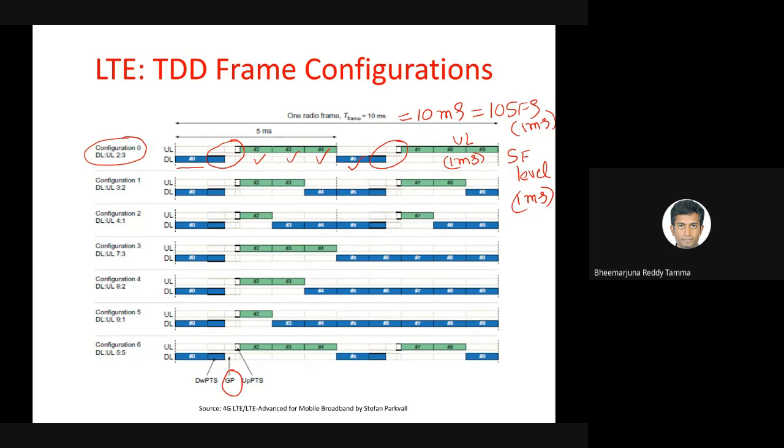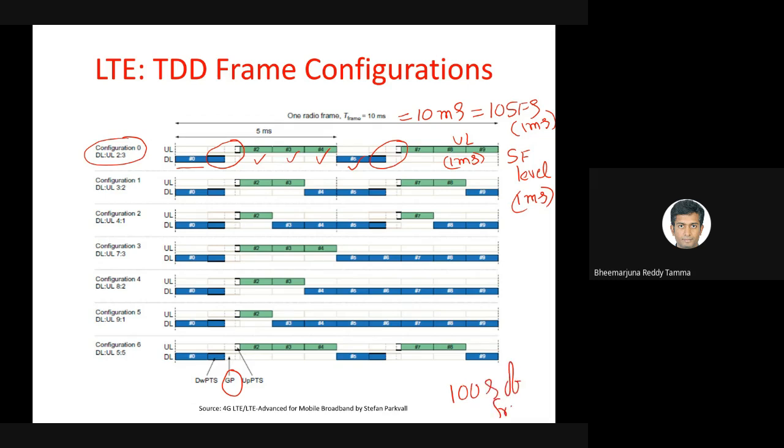So let me show you how these configurations are different in the case of 5G compared to what you see in the case of 4G. Again, to repeat, in 4G, the configuration of a subframe is either downlink or uplink, and there are 7 such configurations that are defined, which stay for, let's say, hundreds of frames.